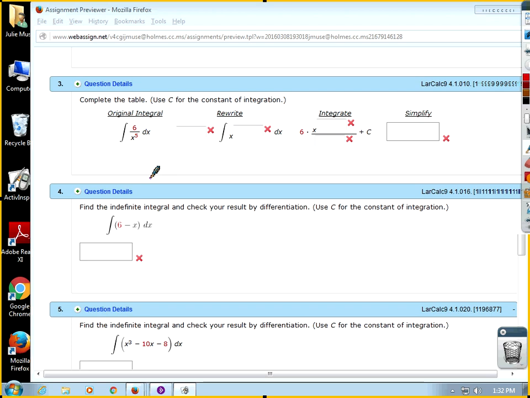All right, the next one looks like we have a step-by-step problem where you have to fill in several parts. Okay, so you have your original integral, which is 6 over x to the 5th dx, and we're going to rewrite that. So they have a box in the front, if you notice this, and then there's the integral symbol, and then there's x, and then you have a box for the exponent.